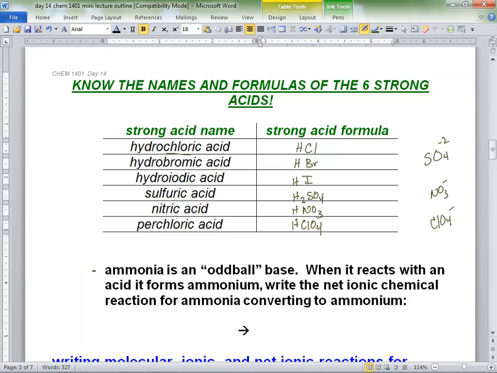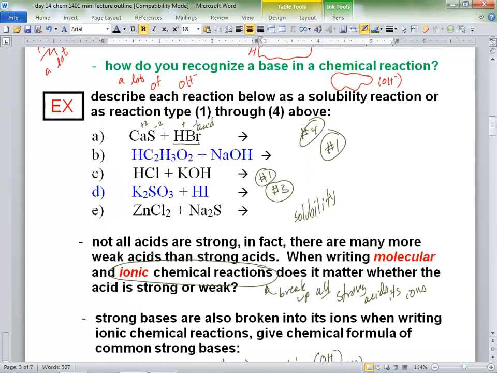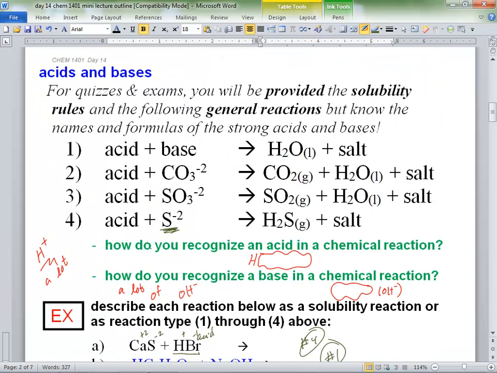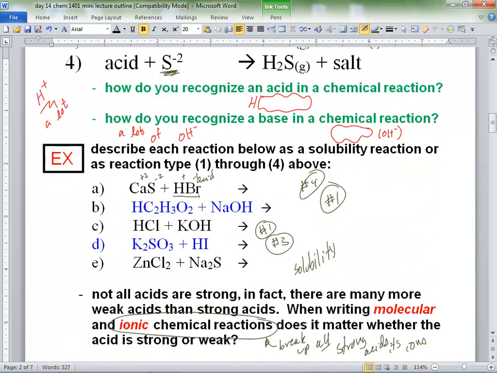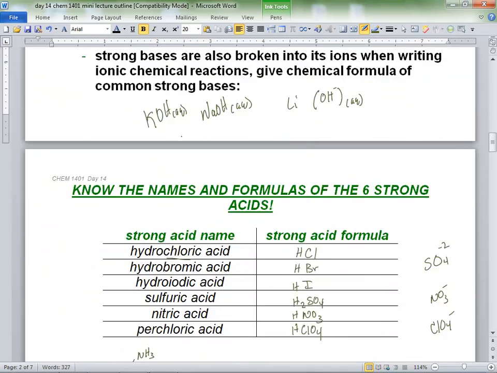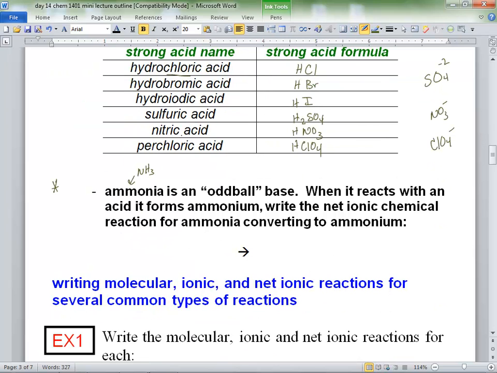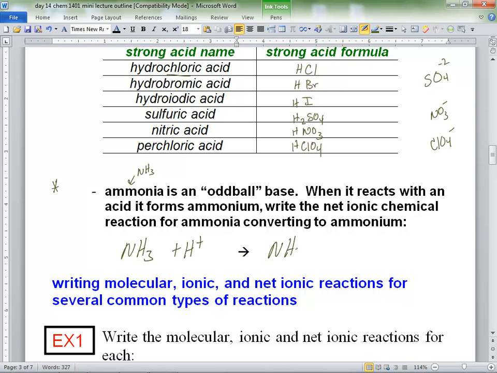We're almost there to start doing this stuff, except there's an oddball. Ammonia. Ammonia is NH3. And the reason why we're talking about base is because it's there. Here's base. You're almost always going to be using OH minus, but NH3 is a base too, so you got to worry about him. He'll be there, and he'll bite you in the back if you don't remember it's a base. You got to know what he does. Ammonia reacts with H plus to make NH4 plus.